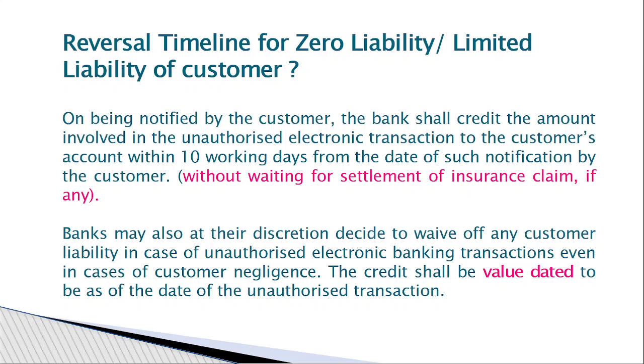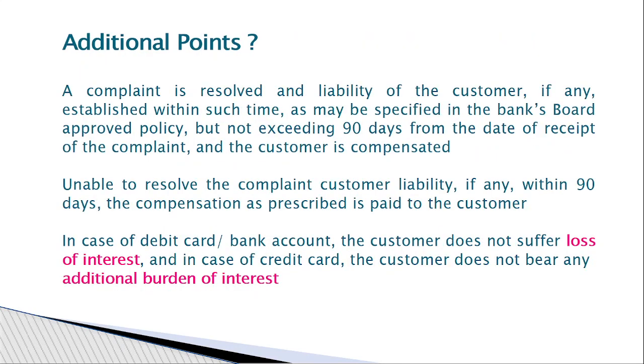For example, if the transaction happened 1 month back, when you are giving the credit it should be backdated, meaning the date should be the unauthorized transaction date, not the current date.